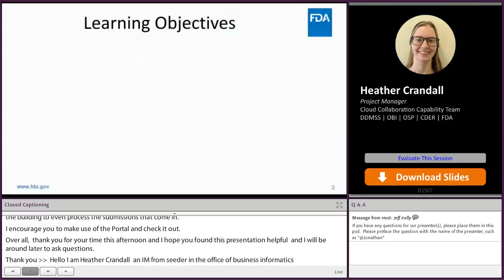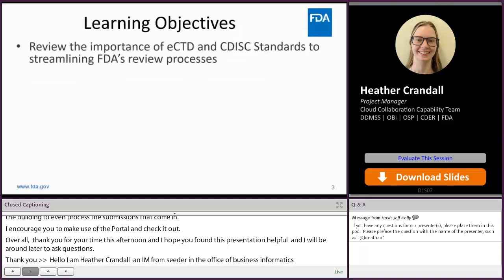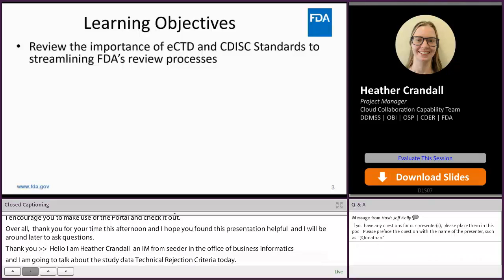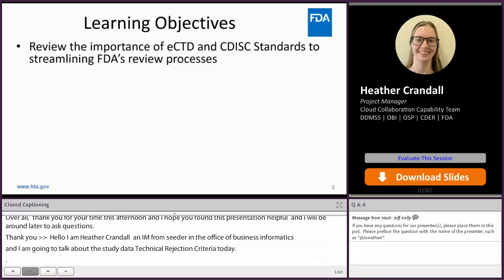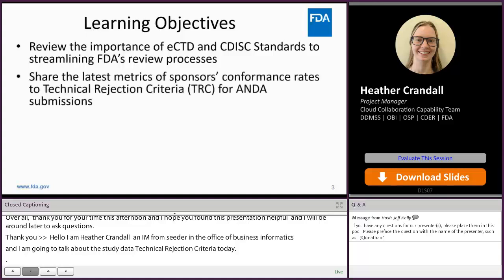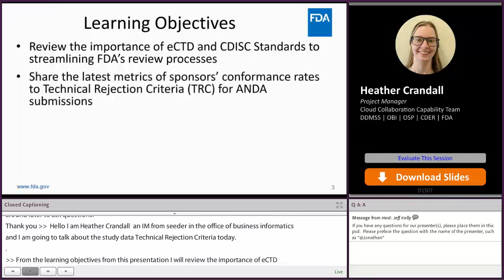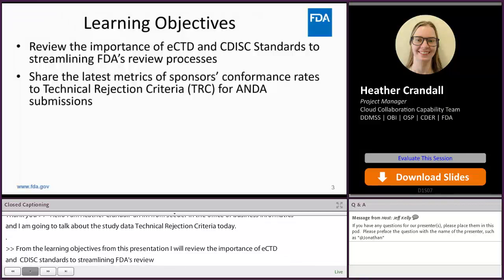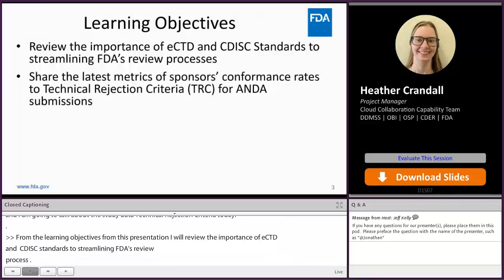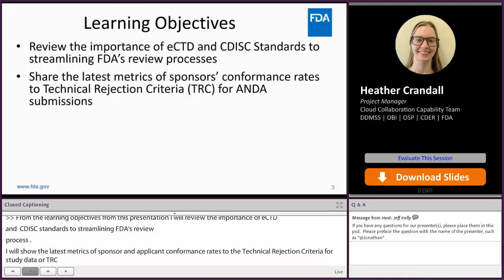Some of the learning objectives from this presentation: I'll review the importance of eCTD and CDISC standards to streamlining FDA's review processes. I'll share the latest metrics of sponsor and applicants' conformance rates to the technical rejection criteria for study data, or TRC for short, specifically for ANDA submissions. And it's important to remember as I go through this presentation that the TRC are not yet implemented.